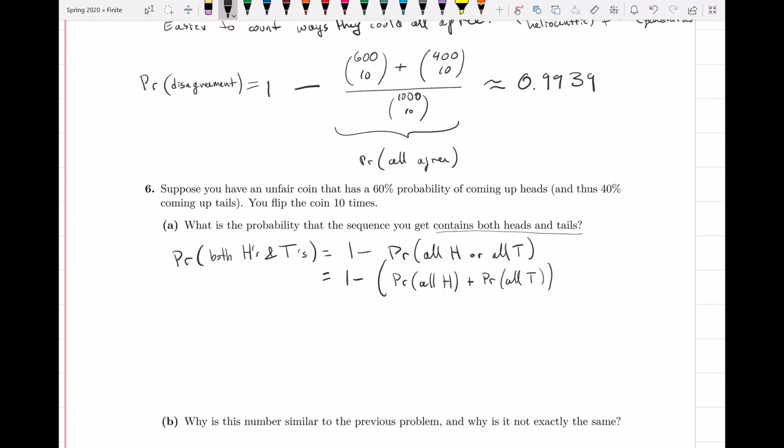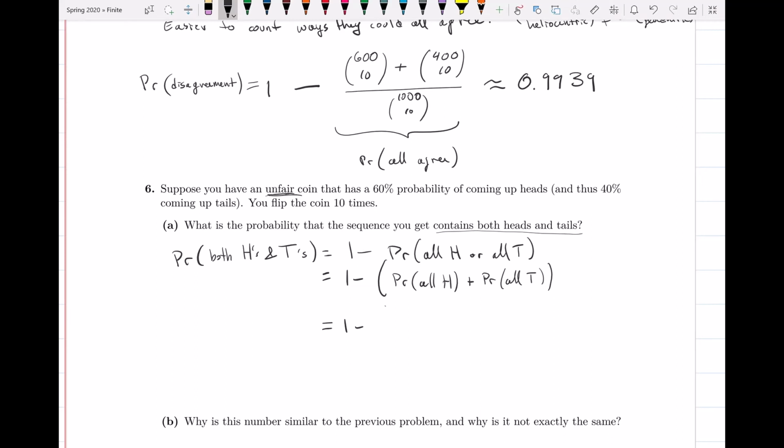Okay, so what is the probability that if we flip a coin 10 times, it'll come up heads every time? Well, initially that would be 1/2 to the 10, but that's for a fair coin. We have an unfair coin, so the probability of coming up heads is 60%.